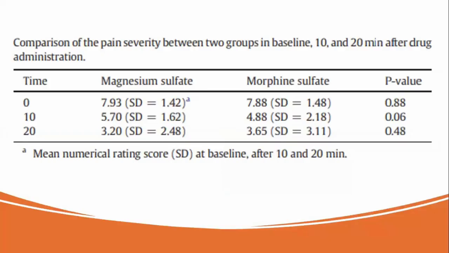There was 20% of patients in the magnesium group versus 25% of the morphine group who failed to respond to treatment in 20 minutes, and they needed NSAIDs. There was no significant difference between side effects, which is great.